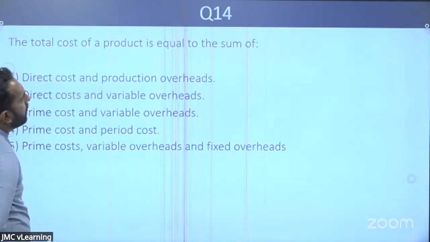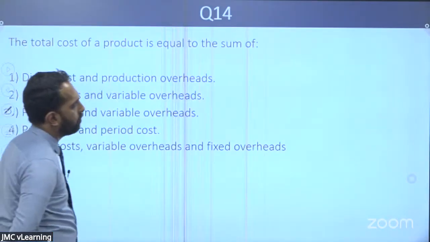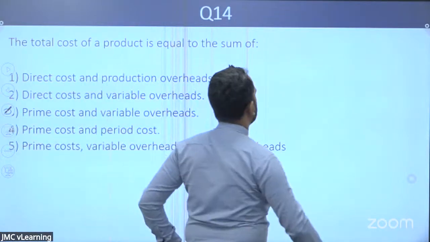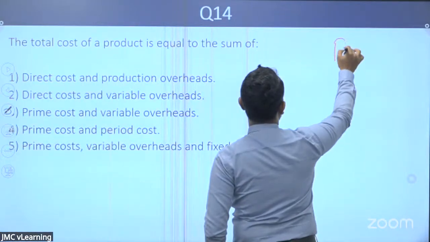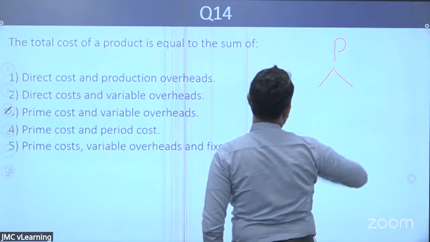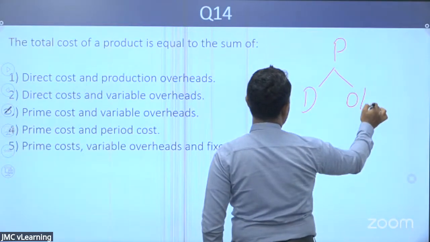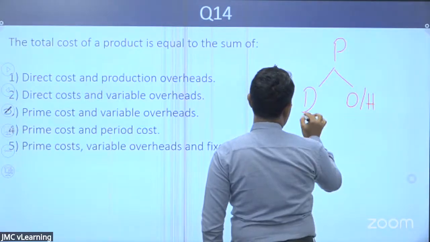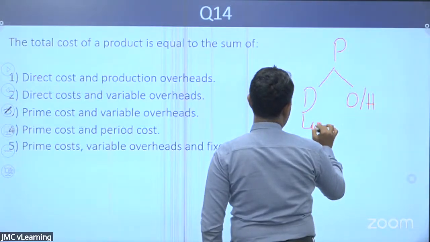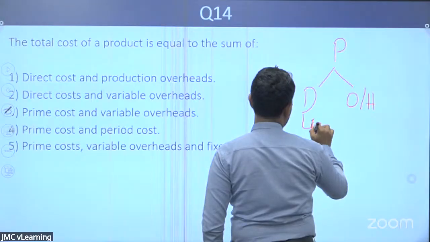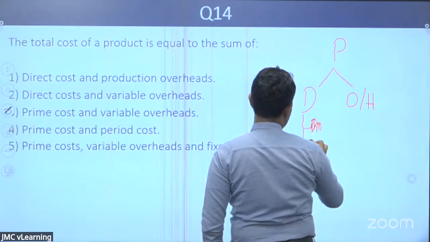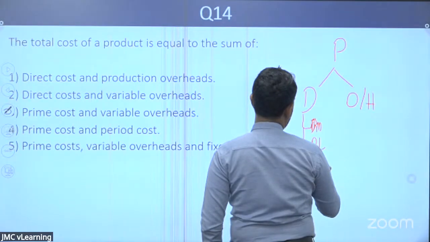Total cost of a product is equal to the sum of... If you take the cost of a product, there are basically two areas. One is the direct cost, the other one is the overheads. Direct cost: direct material, direct labor and direct other.